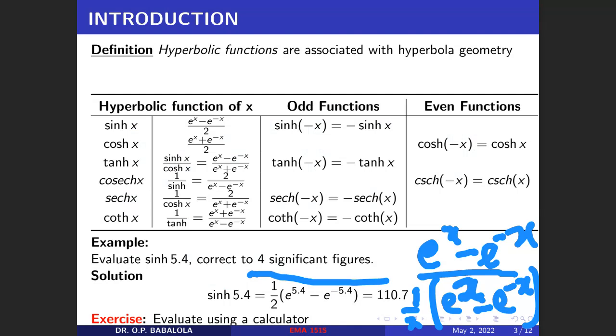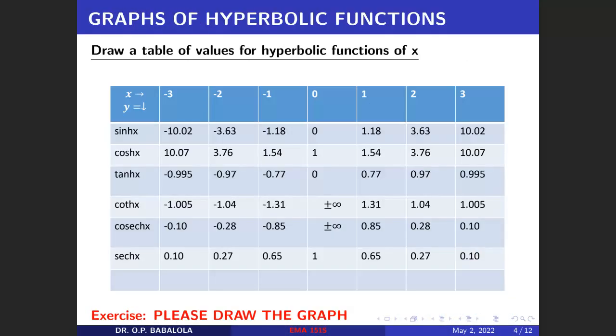All right. So when you substitute values as we have done in that example, let's say I am to populate sinh x. Sinh x would be exponential x minus exponential minus x over 2, right?